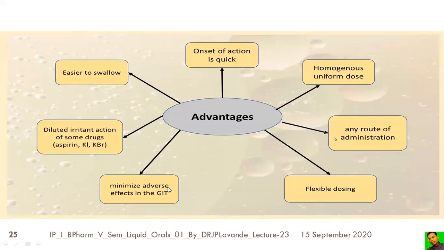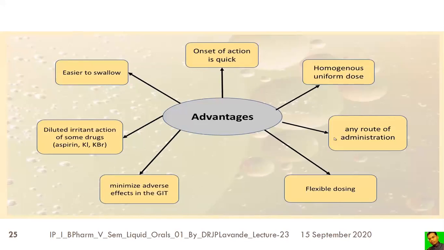They reduce the effect in the GI tract, for example the irritant effect, because solid dosage forms contain additional additives, and these may be responsible for producing an effect in the GI tract. But as solutions are homogeneous liquids, they do not show any kind of adverse effect in the gastrointestinal tract.